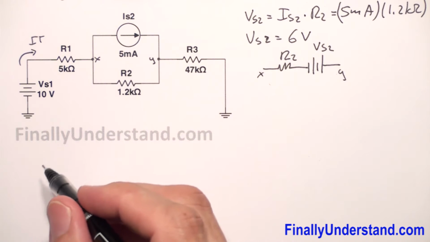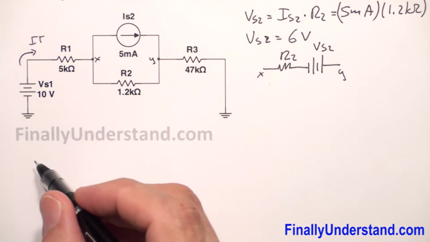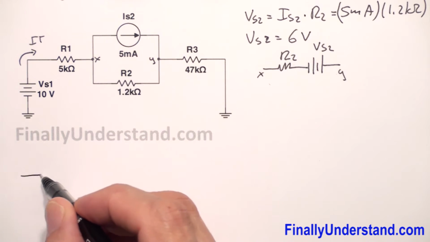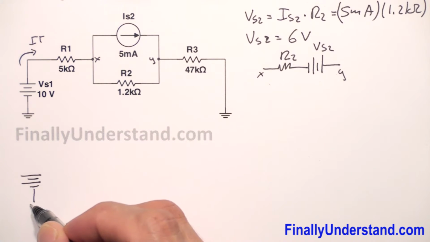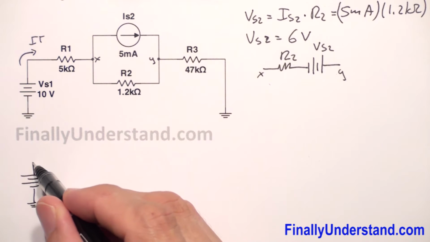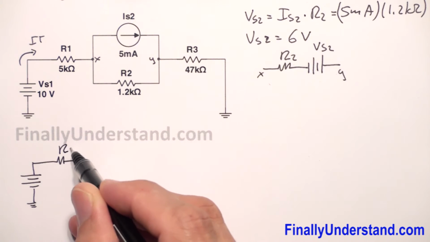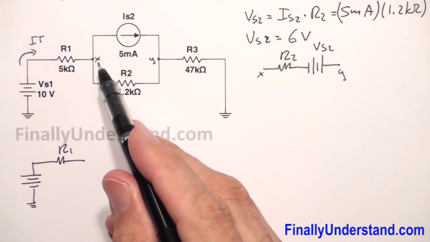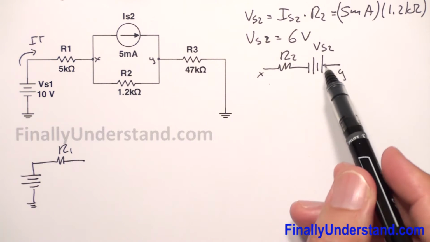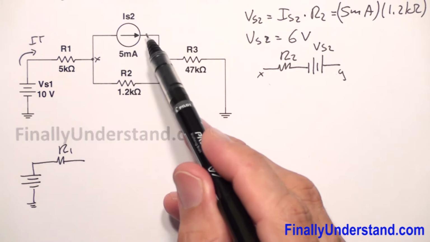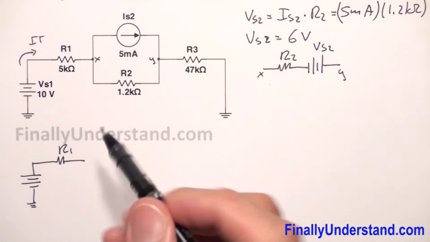So now I'm going to redraw the circuit with the voltage source. I have simply the voltage source over here. This is my R1, and between point X and Y I'm going to draw the voltage source, instead of the current source.